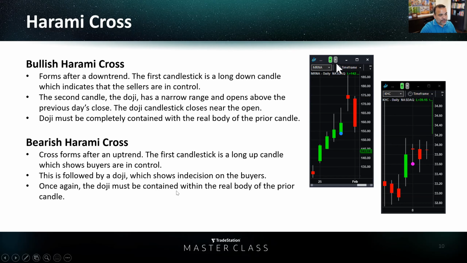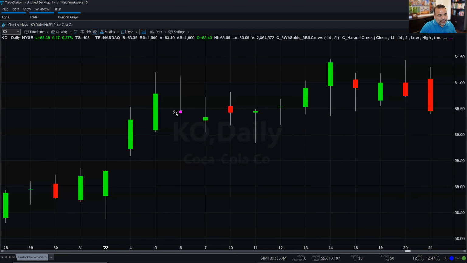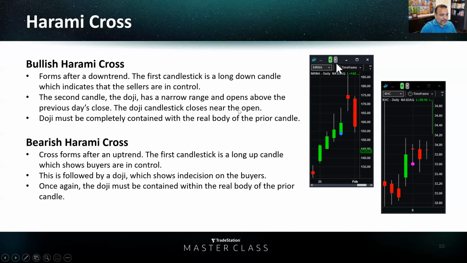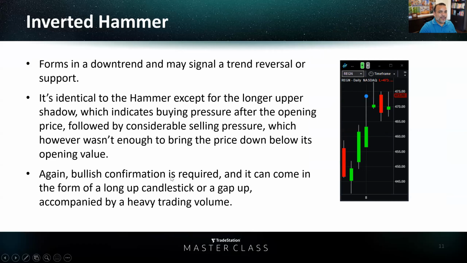But again, the doji must be contained within the real body of the prior candle, and that's exactly what we see here. The doji is inside the real body of the prior candle. So when you go back to the PowerPoint, these two screenshots don't really match the description of the Harami cross. That's why sometimes I like to go to the chart and put the indicator in there just to confirm.